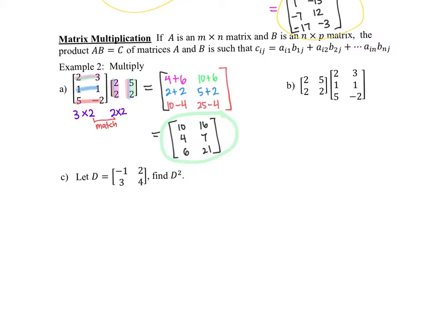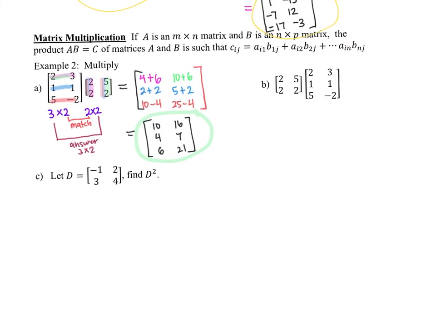On the next one, I'm going to make it not work out. Your resultant is going to end up being this size. So in this case, my answer ended up being 3 by 2, 3 rows, 2 columns. Okay, now I'm going to go ahead and look at B.